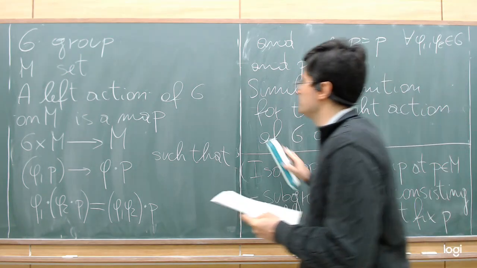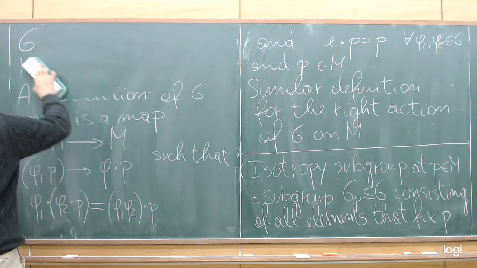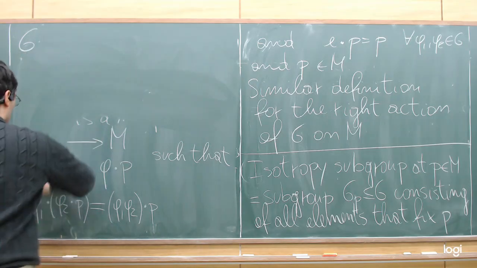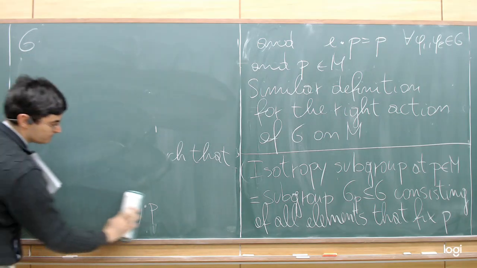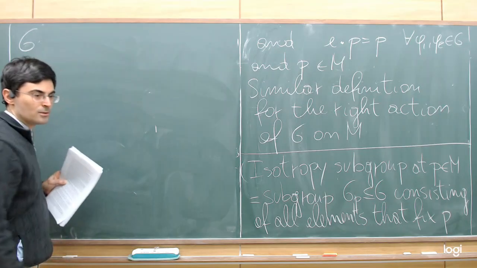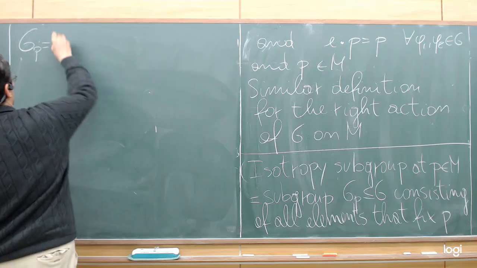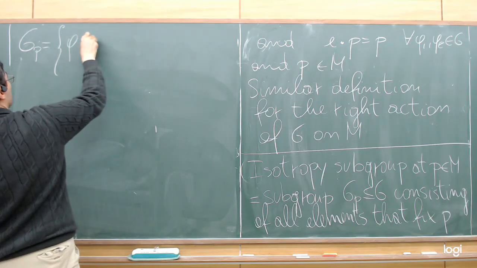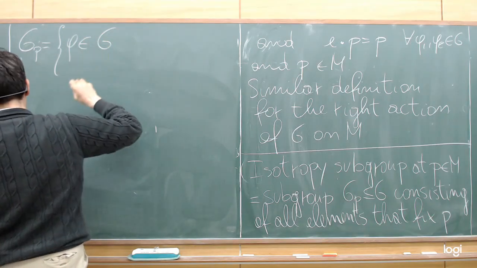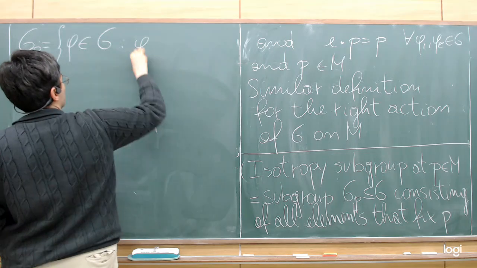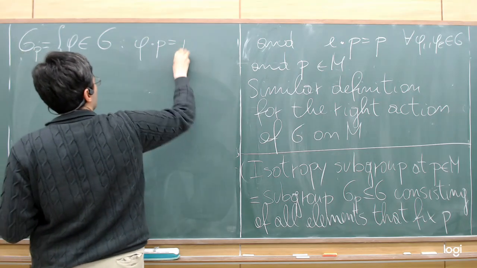What does it mean? This means that G_p is the subgroup containing the elements of G such that phi dot p is p.